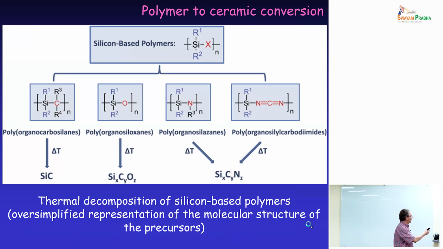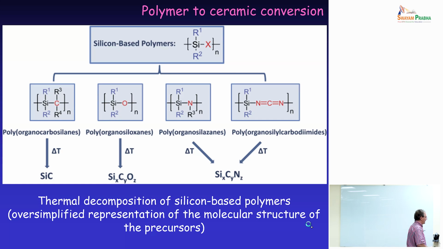So you can see that from different preceramic polymers, you obtain different final ceramic materials, and you can have different compositions, SiXCY, because the variability in composition is related to the amount of carbon or nitrogen that you have left in the material.